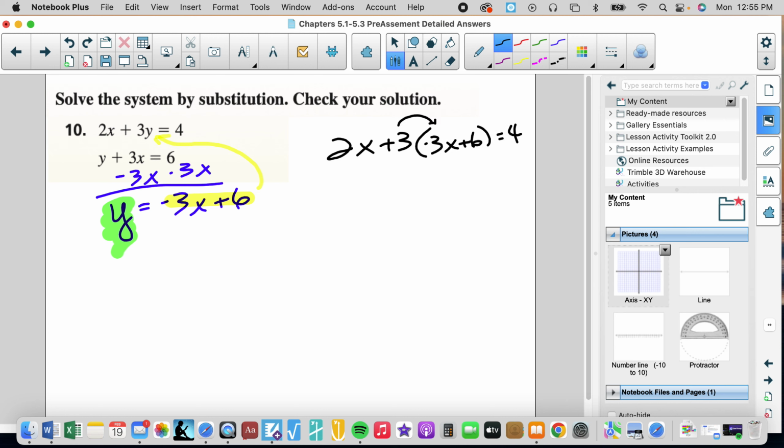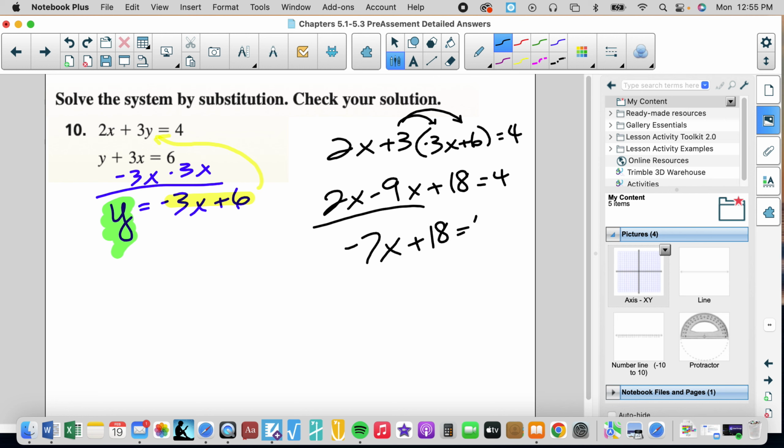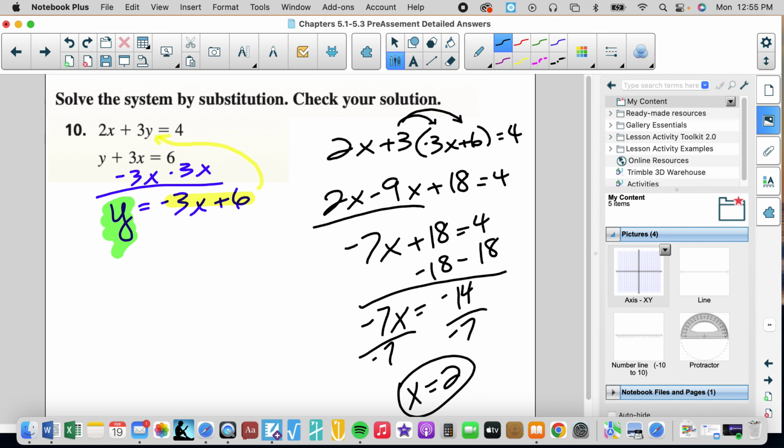We're going to distribute. That's how we're going to simplify. 2x minus 9x plus 18 equals 4. Let's simplify those. -7x plus 18 equals 4, minus 18. -7x equals -14. Divide by -7. X equals 2.